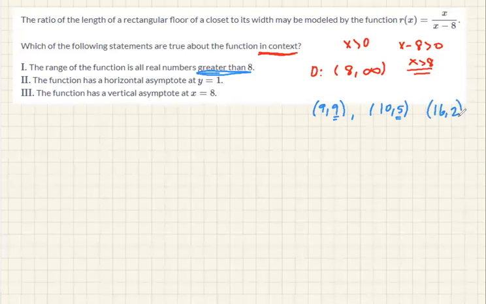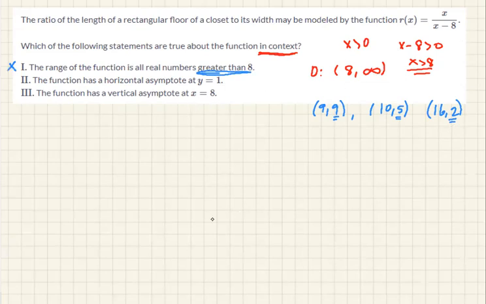So the y value is getting smaller and smaller. So 2 might be one of the range values, 5 might be, but it's not this one for sure. So this is wrong. But what is it then, right? We will wait a bit until we answer the other two. But it is for sure not larger than 8, because we see something less than 8 is possible.